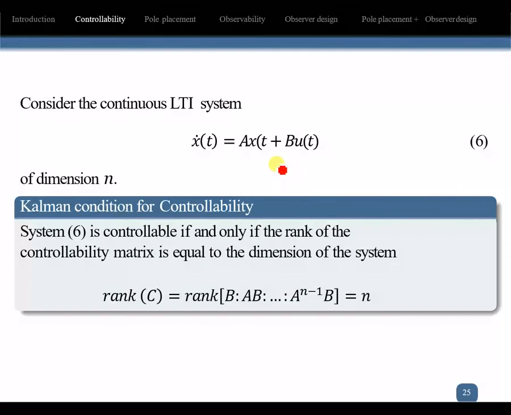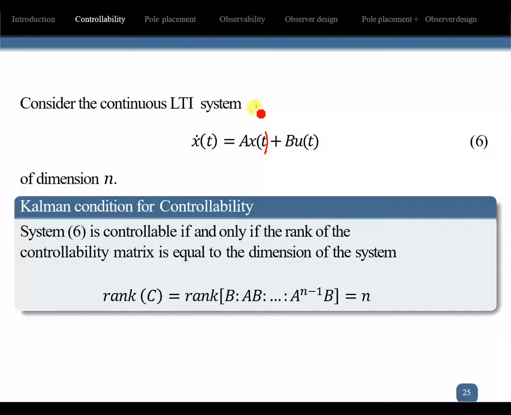Exactly, we can say in continuous time x dot(t) = A x(t) + B u(t), and the system is controllable if and only if the rank of the controllability matrix is equal to the dimension of the system.